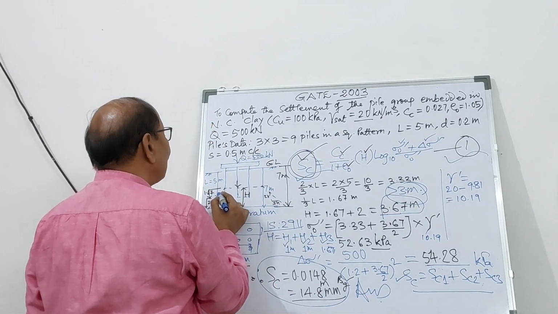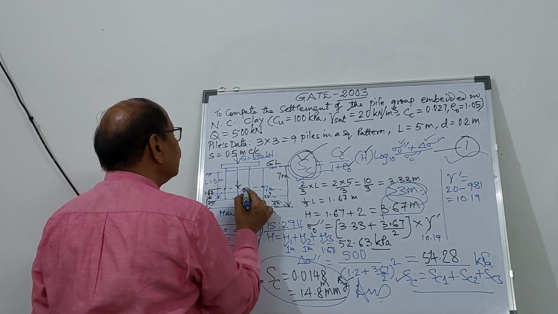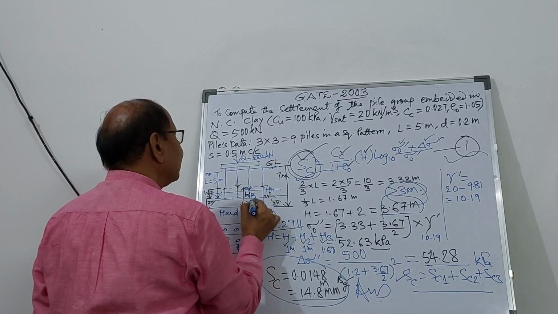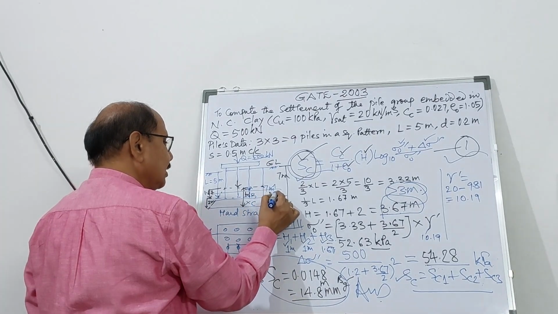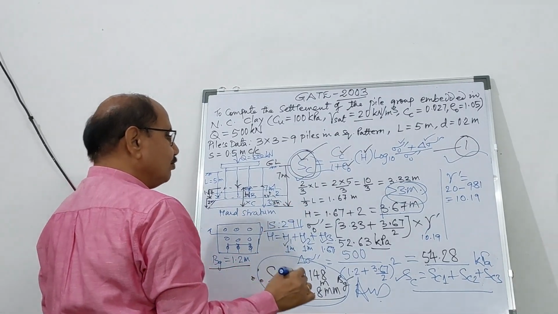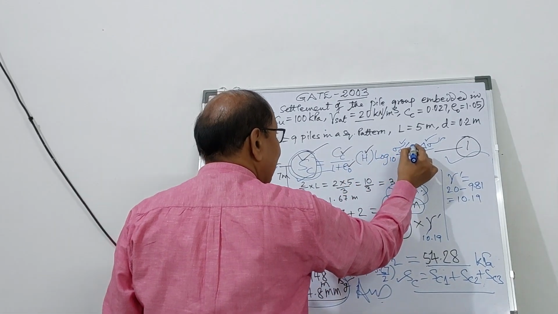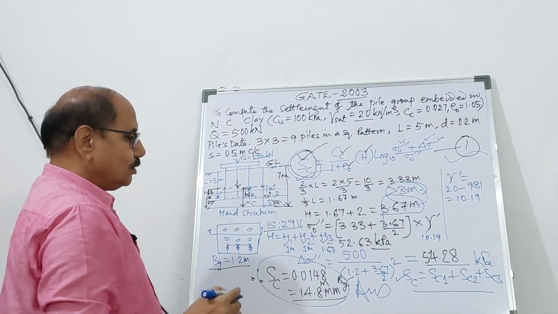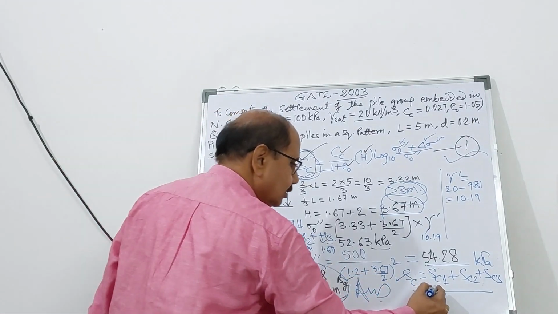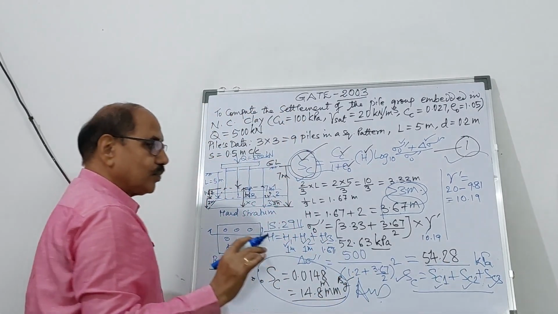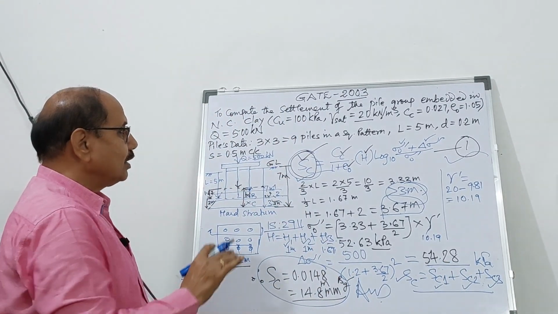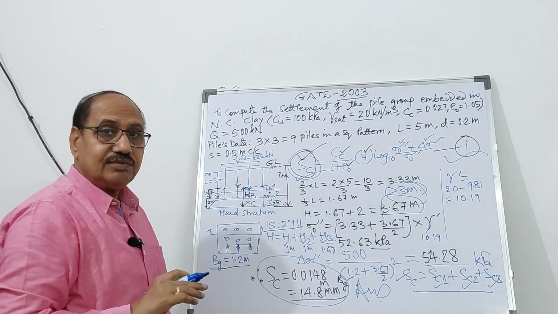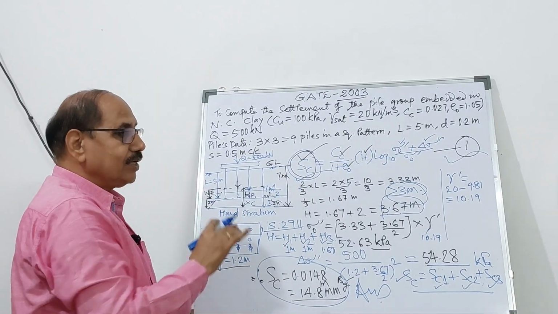And at the midpoint of all the three layers, you calculate the value of delta sigma naught prime and delta sigma prime for the given intensity of loading. So you can calculate SC1, SC2 and SC3. So that approach should be followed. I have explained it conceptually earlier also, so please refer to that video also. This has been completely explained to you.